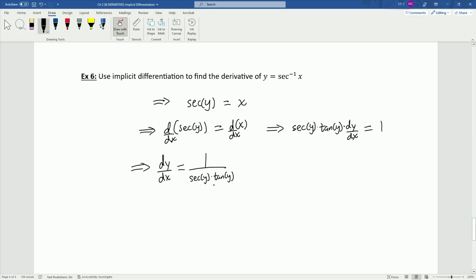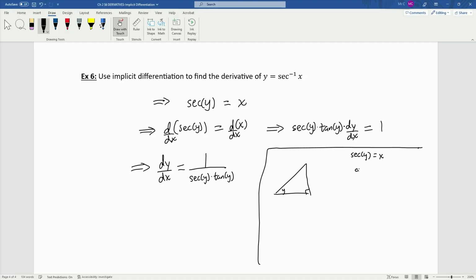Now, that's not the formula that we know, but we can get that by just doing a little bit of extra manipulation. First of all, we know secant of y equals x, so we could substitute that. But we can also say, hey, y here is an angle. It's the input of a trig function, so it must be an angle. And if secant of y equals x, well, that's the same thing as saying cosine of y is 1 over x.